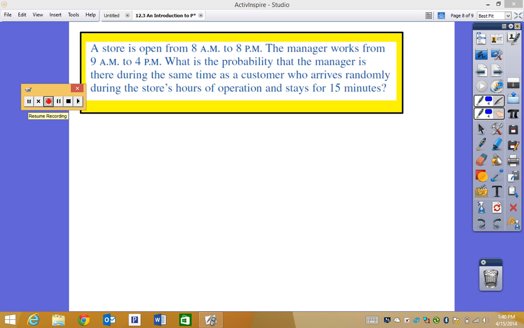In our next example, a store is open from 8 a.m. to 8 p.m. The manager works from 9 a.m. to 4 p.m. What is the probability that the manager is there during the same time as a customer who arrives randomly during the store's hours of operation and stays for 15 minutes? So I think it's easiest if we make a diagram of our store hours.